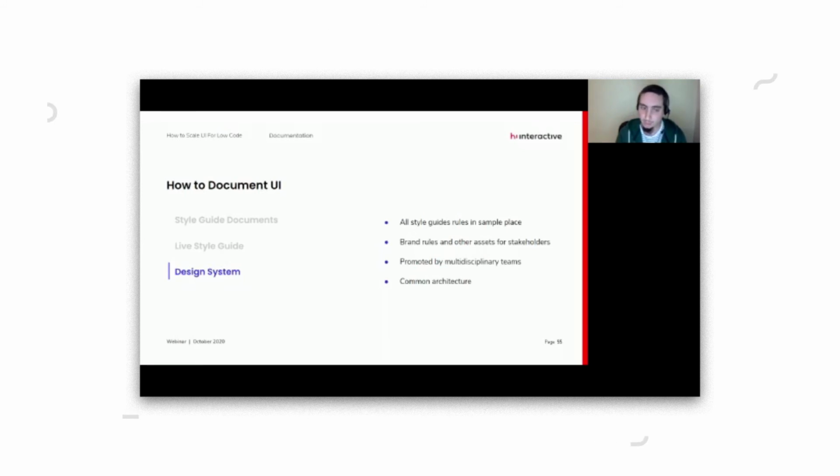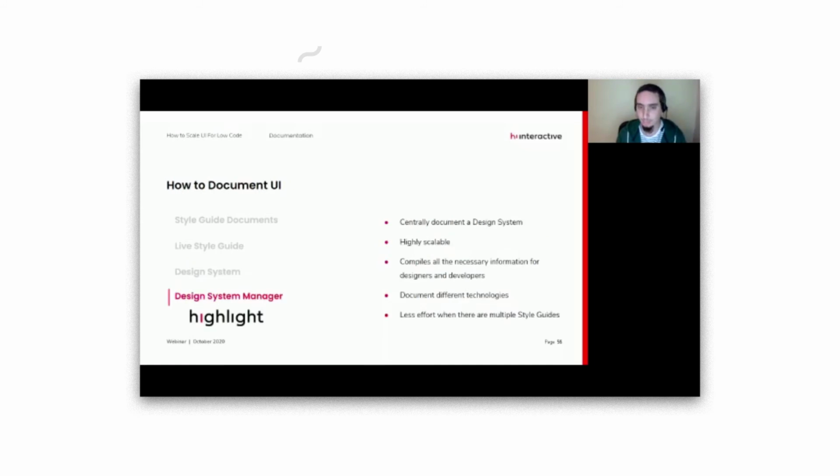It has some problems when we start to have different design systems in the same organization. To address those problems and to make it easy to manage all these live style guides and all these different design systems, High Interactive developed something called Highlight.